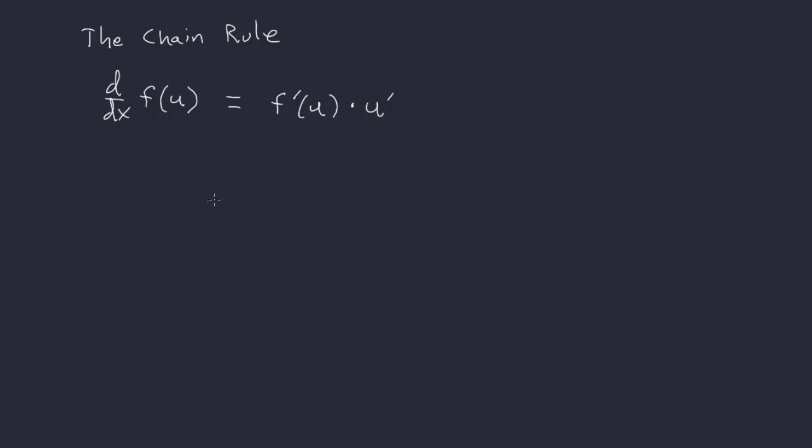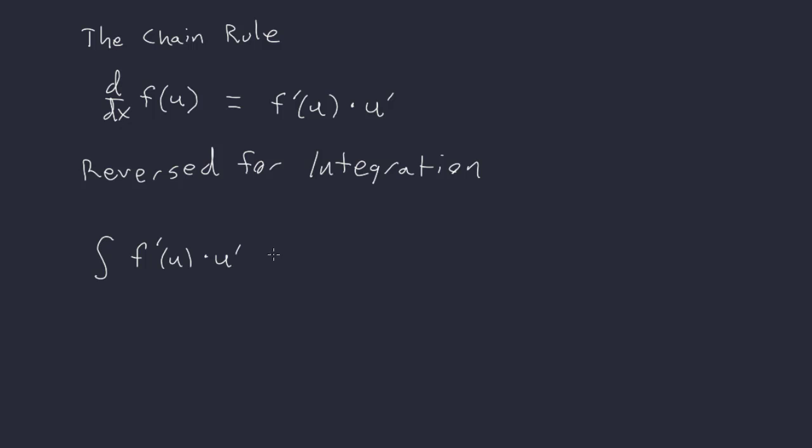Now, if we were to reverse it, reverse for integration, what we could say is that the integral of f prime of u times u prime dx is equal to f of u plus c. Right? All we've done is swap these around.